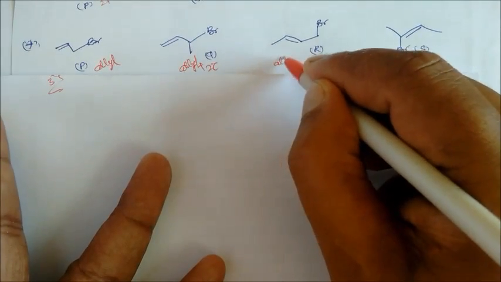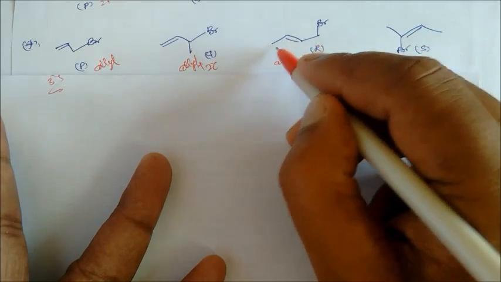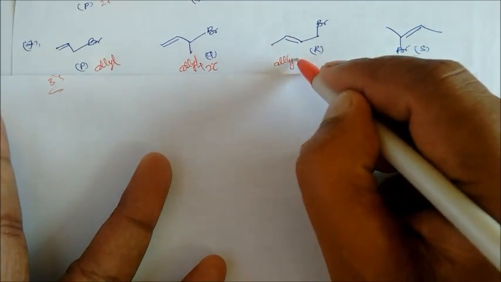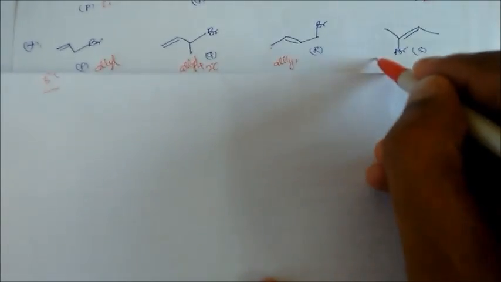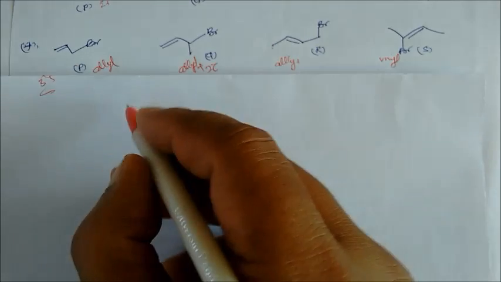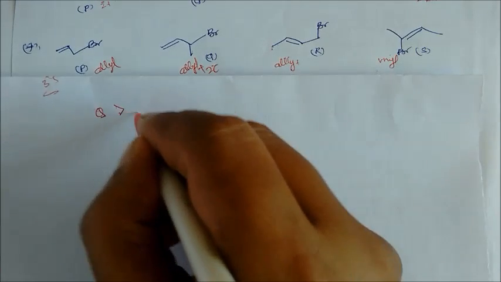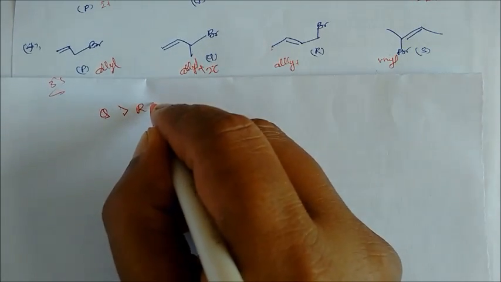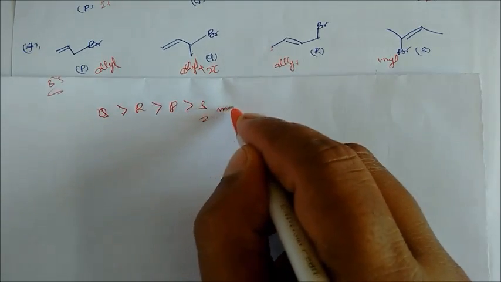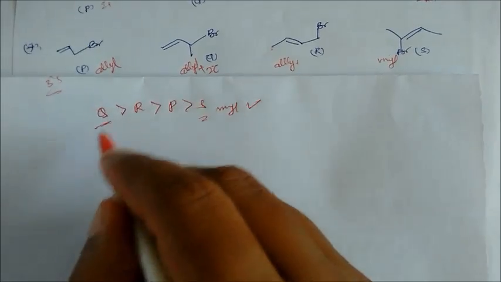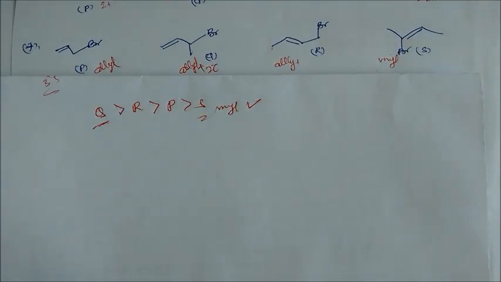This is allyl, again supported by one carbon, but this carbon is far away from the allyl carbon, and this is vinyl. So out of these, Q will be more reactive, then followed by R, then followed by P, then followed by S. So S is vinyl, which is less reactive, and this is more reactive towards the SN1 reaction.